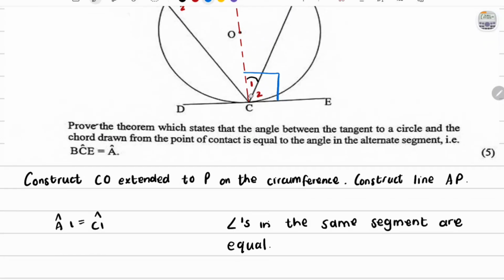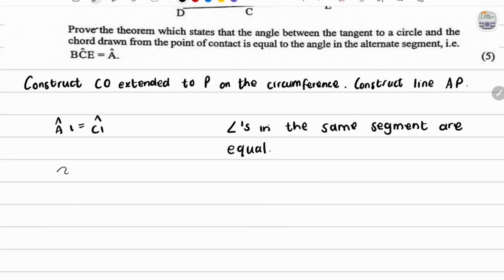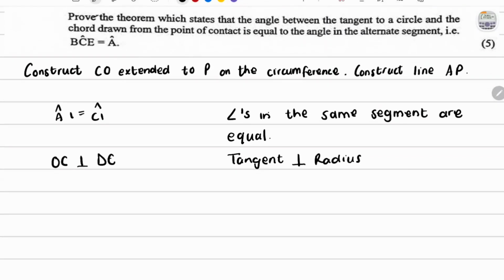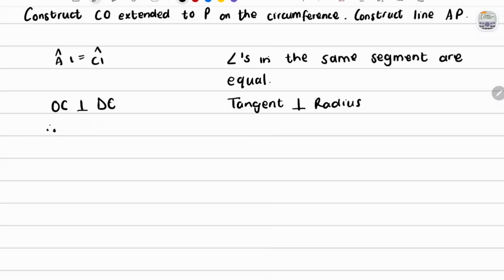We're going to tell them OC is perpendicular to DE, because the tangent is always perpendicular to the radius at the point of contact. That would mean that this angle here is equal to 90 degrees. But let's write it like this: angle C1 plus angle C2 is equal to 90 degrees. That's just the conclusion.